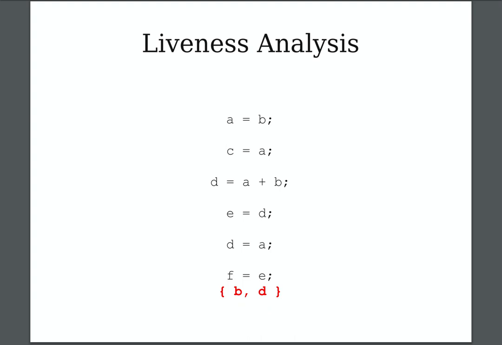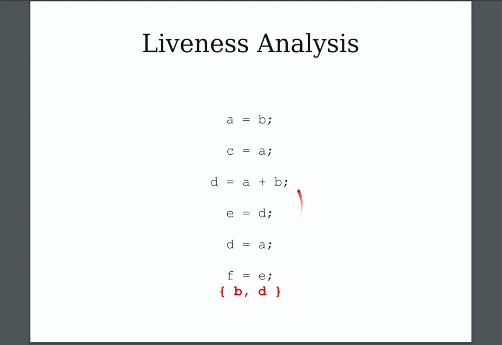And we'll see once we get to control flow graphs where this initial value comes from for a particular basic block. But for now, let's just assume that B and D, we know they're used at some point later in the program. So those are our initial values for our liveness analysis.